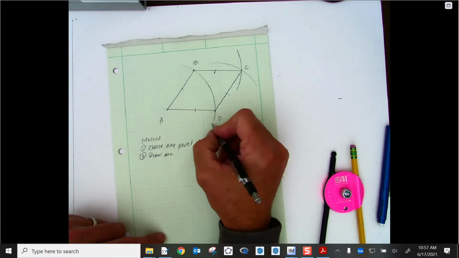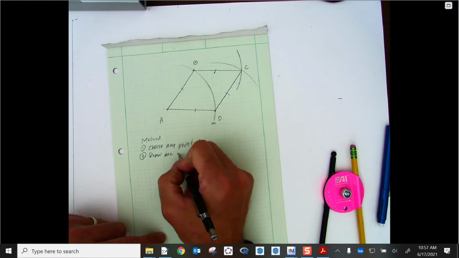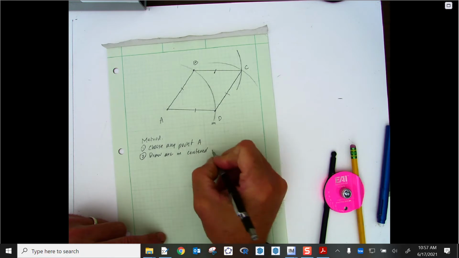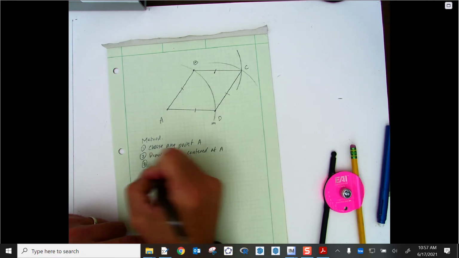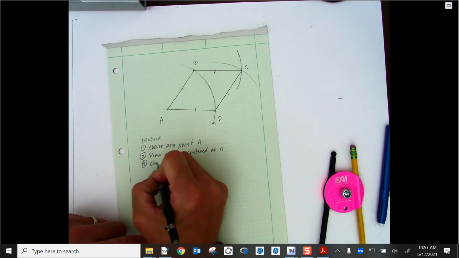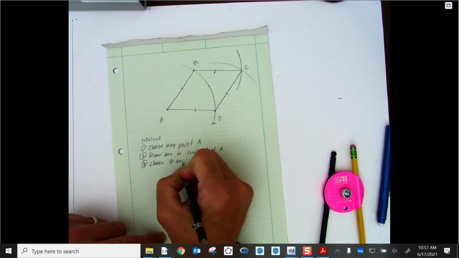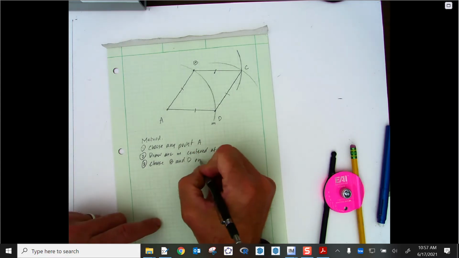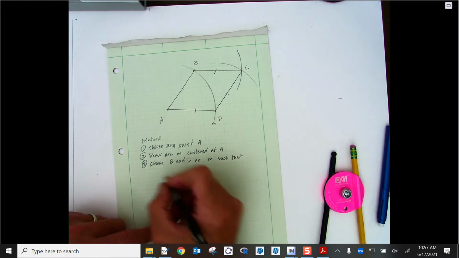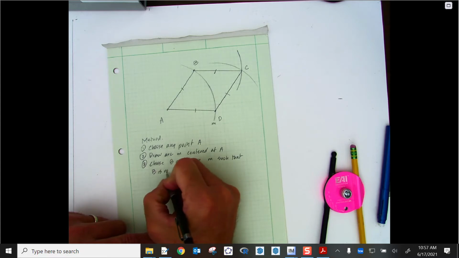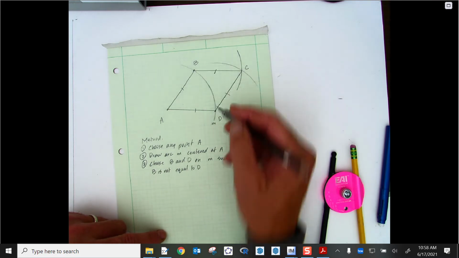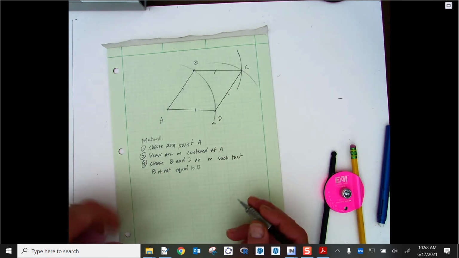Let's call it arc M. Draw arc M centered at A. Three, I chose two points on M, so choose B and D on M such that B is not equal to D. I've got to be a little bit careful that I don't choose B on top of D, because then I don't have unique vertices.